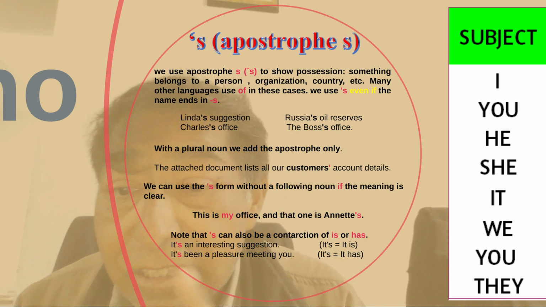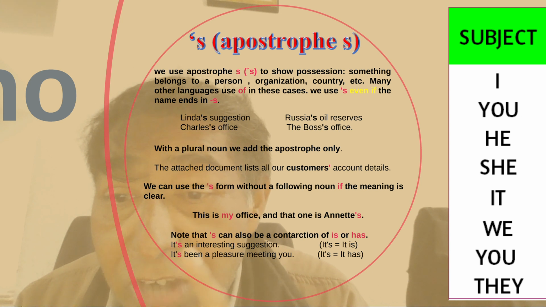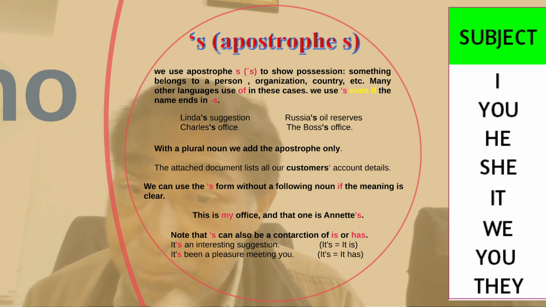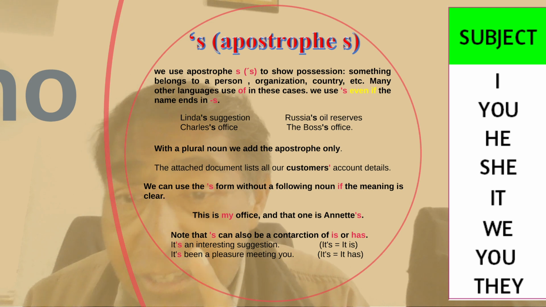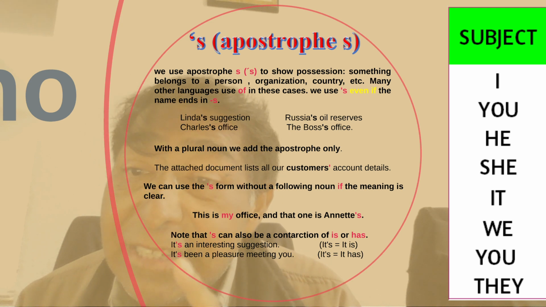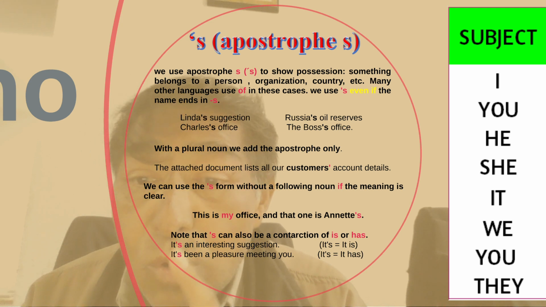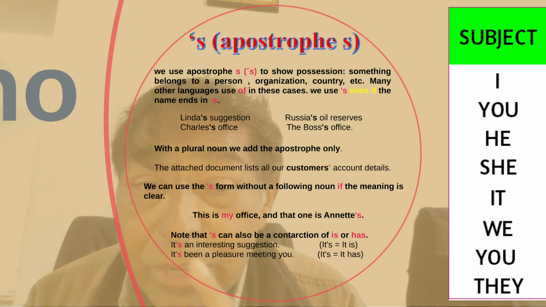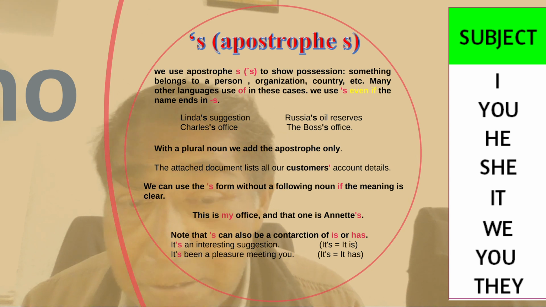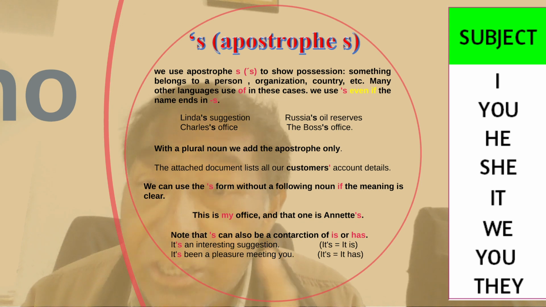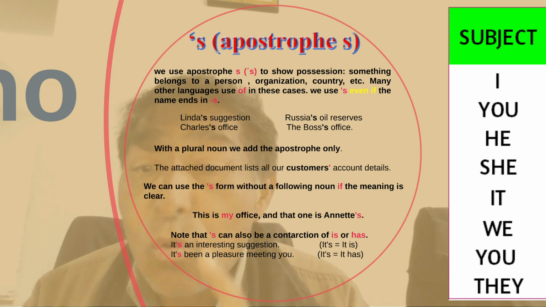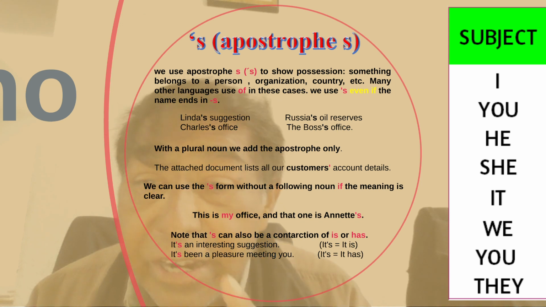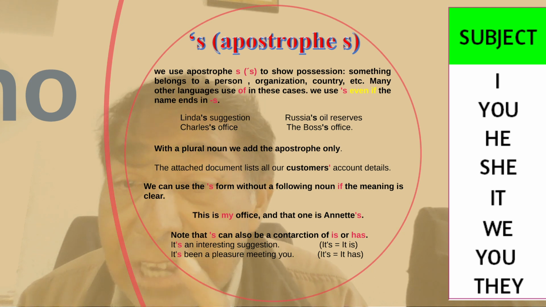So notice that we are using contractions. It's at the beginning of the idea. So what makes the difference is what part of the information follows. Okay? So we need to pay attention to indicate what is the correct use of the contraction.